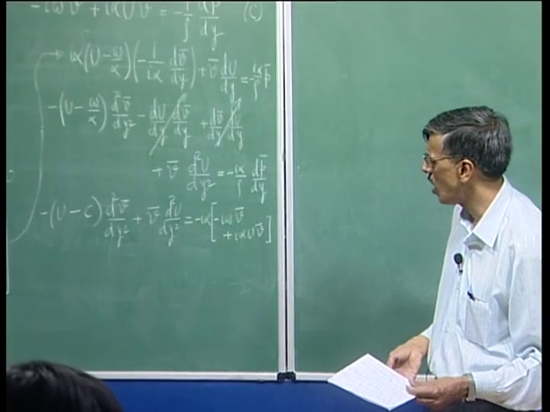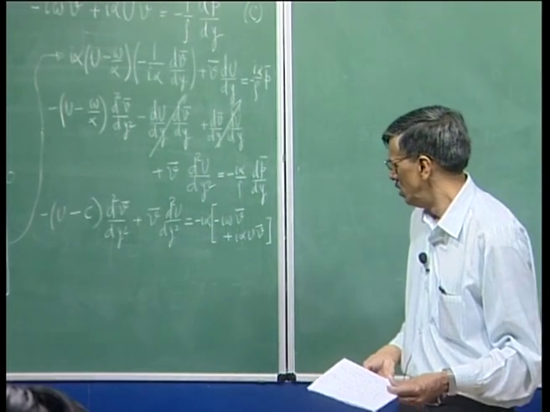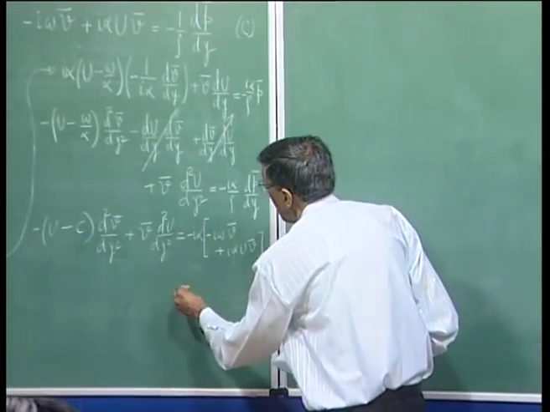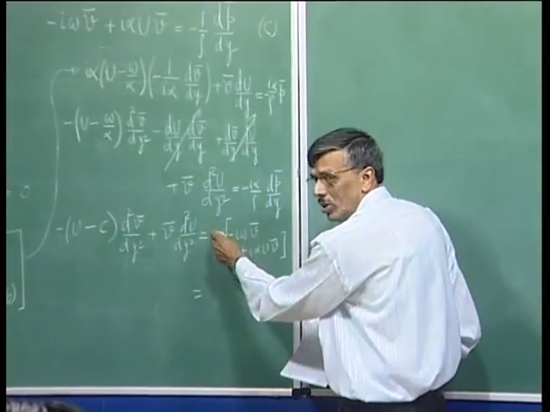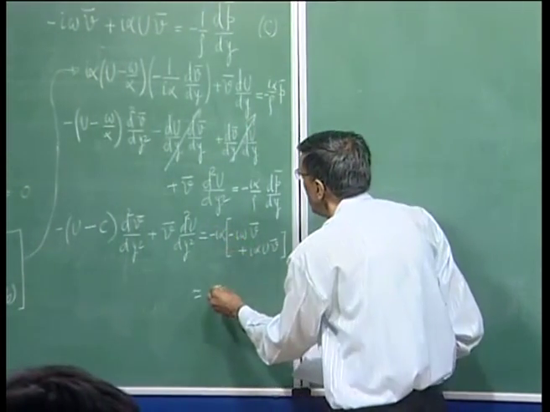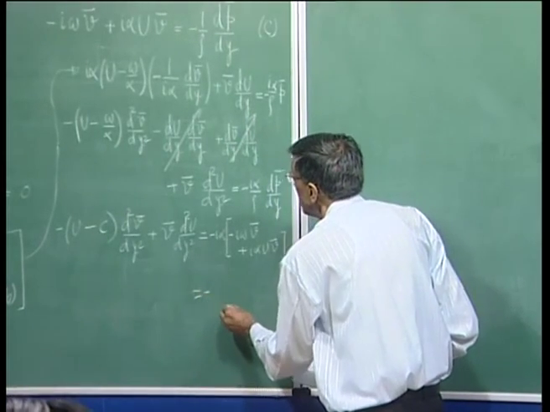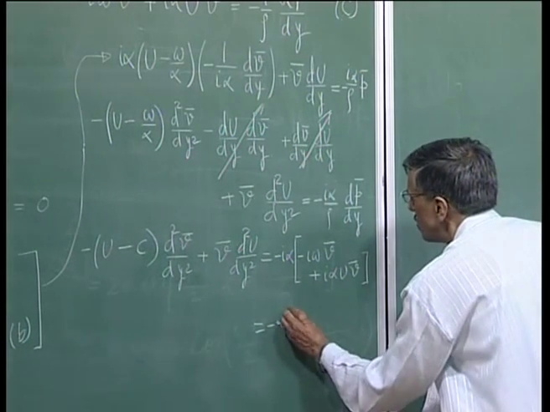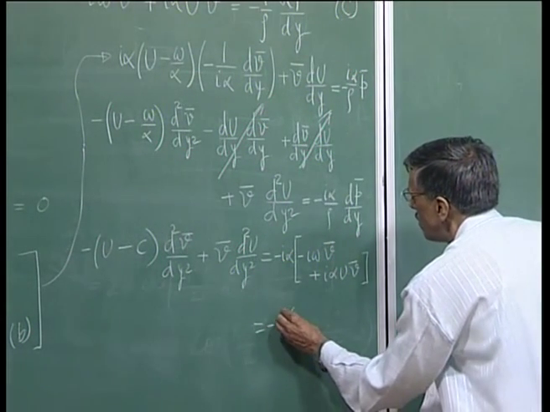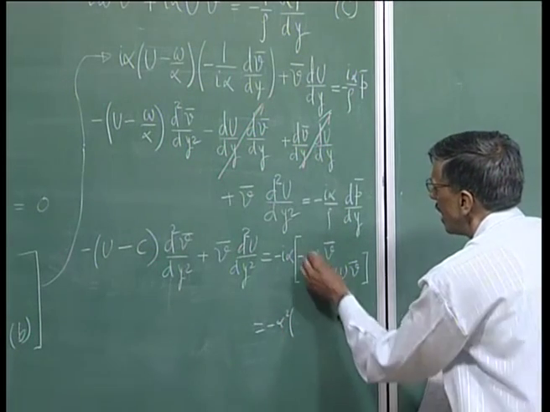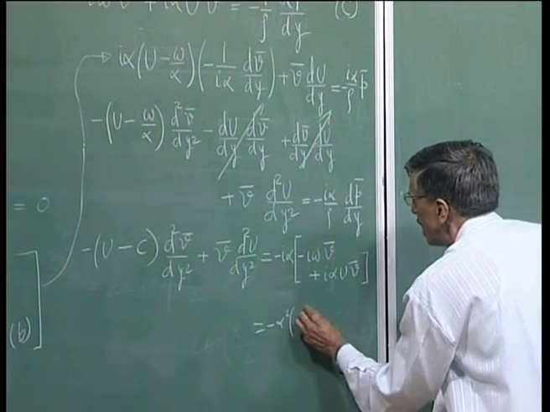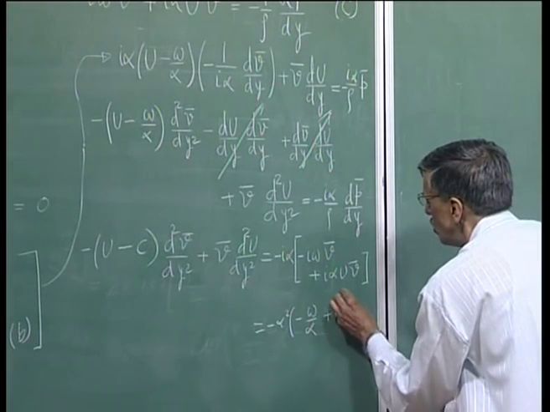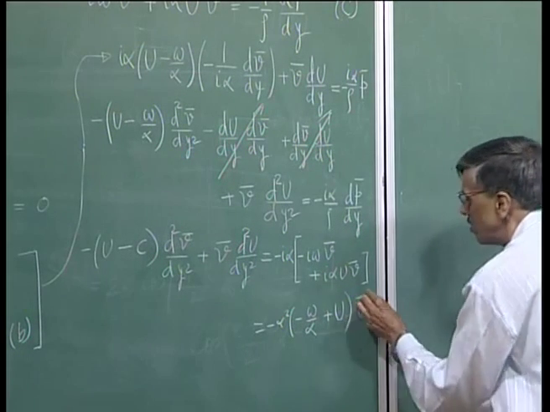Right? So you can see here also, on the right hand side, I could borrow that I out, and I square will give me minus 1. So I'll get minus alpha, within parentheses, if I make it alpha square, then here I will get minus omega by alpha, and here I will get plus u, and that will be multiplied by v bar.